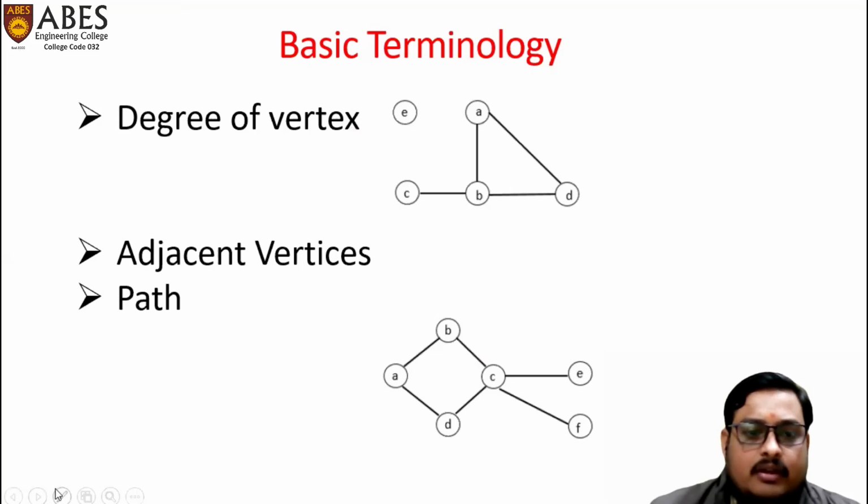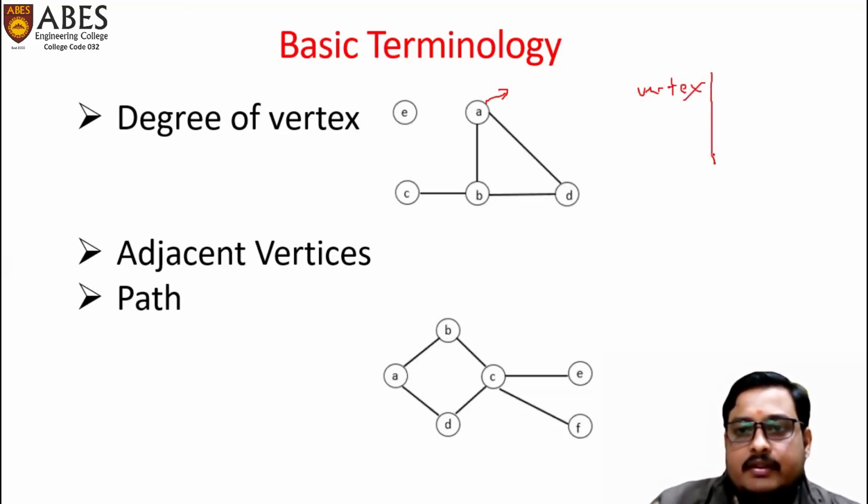So if we try to find out the degree of the vertex, let's take A. So how many edges are connected to it? There are two edges.